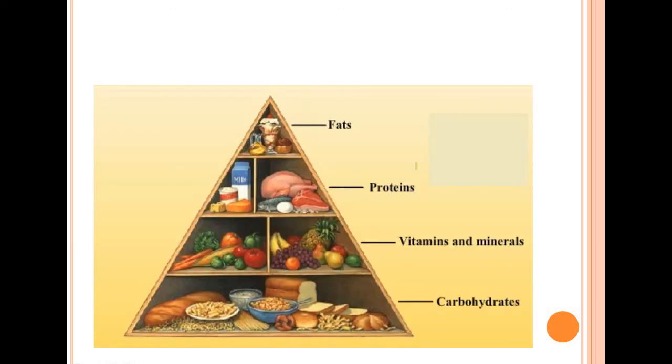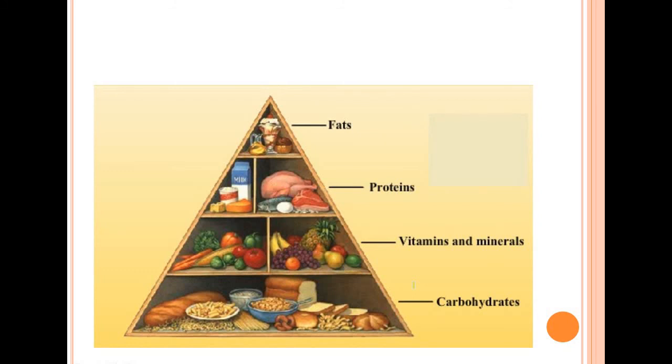Now here you can see the pyramid of the food. What does this pyramid depict? Carbohydrates are placed at the base of this pyramid, then above it vitamins and minerals, then proteins, then fats. Actually this pyramid is made on the basis of the requirement or quantity of the food items that we need.